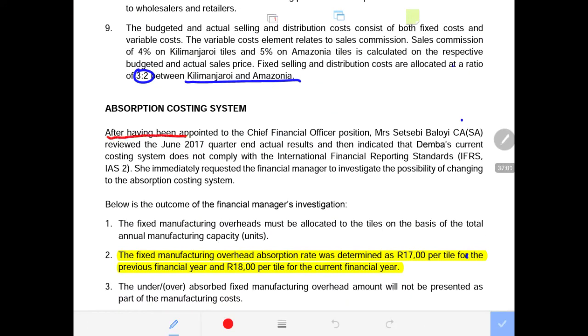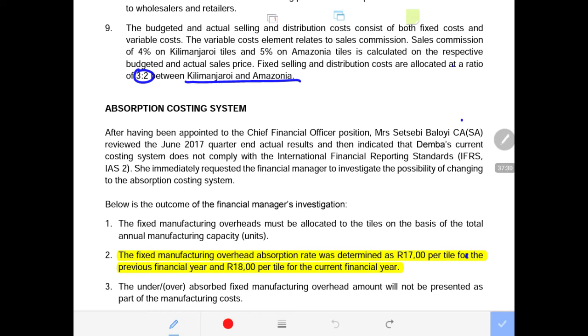After having been appointed to the Chief Financial Officer position, Ms. Setsebi Baloyi, CFO of South Africa, reviewed the June 2017 quarter actual results and then indicated that Demba's current costing system does not comply with the International Financial Reporting Standards, IFRS, and International Accounting Standard 2.